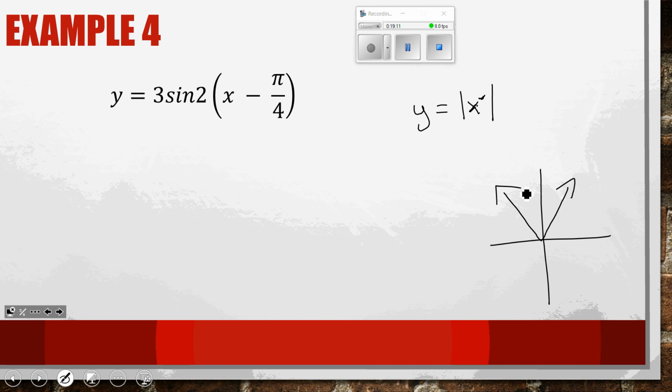You with me? If I add 2 on the end of it, it shifts it up 2. Same idea as what we just did with our vertical shifts. If I subtract 2, it would make it go down 2. Do you remember what makes it go left and right?